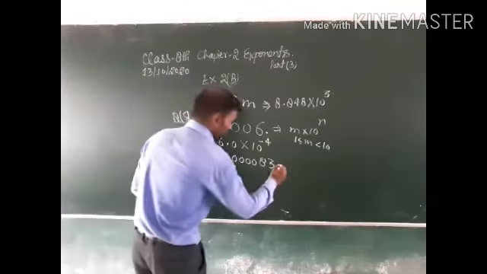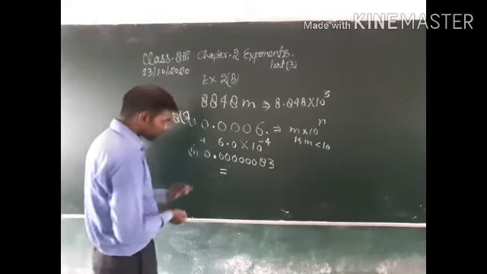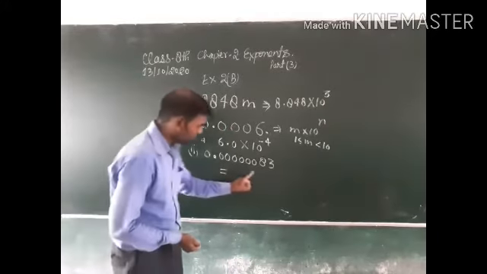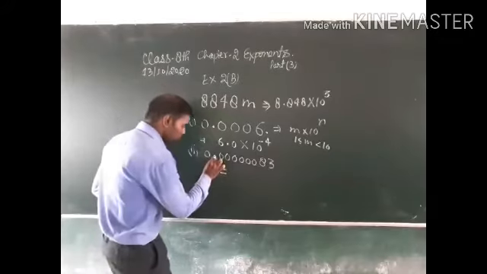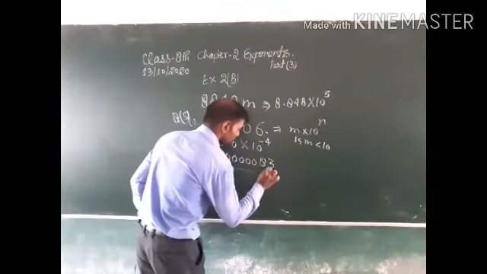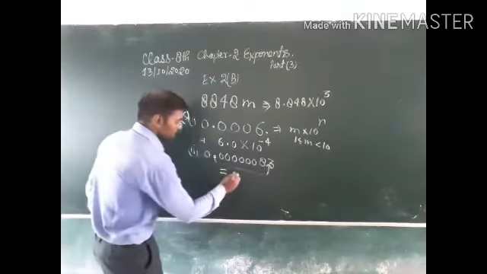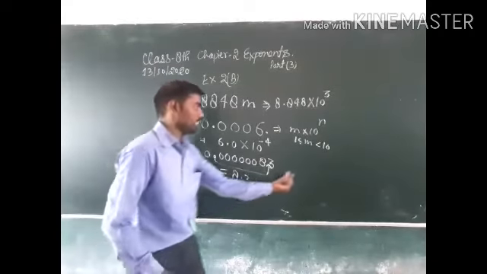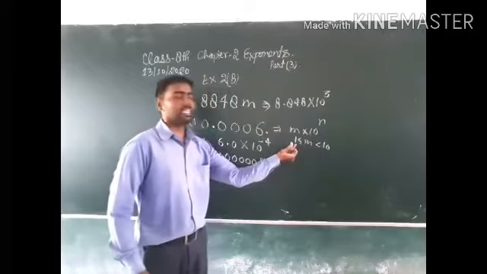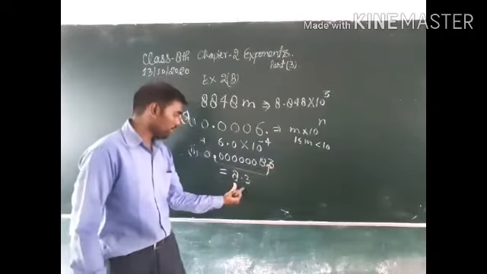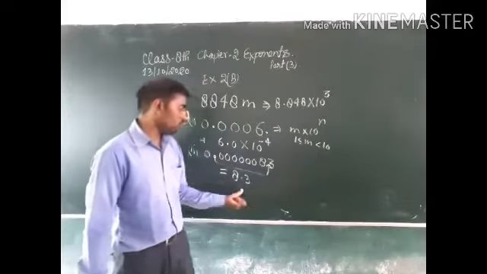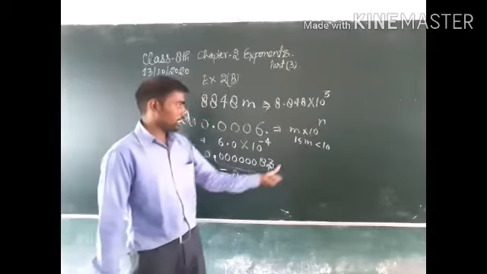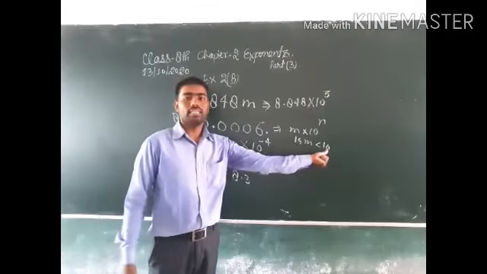First of all, it can be written in the form where the point moves in the forward direction. This is the point here. It means 8.3, because 8.3 is less than 10 and greater than 1, the condition is fulfilled. The value of m, 8.3, is greater than 1 and less than 10.